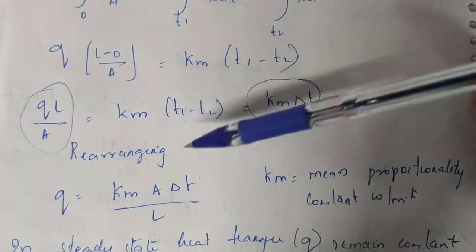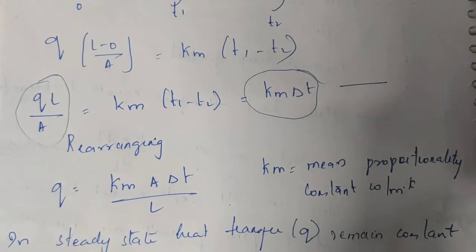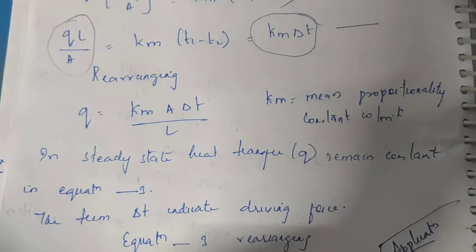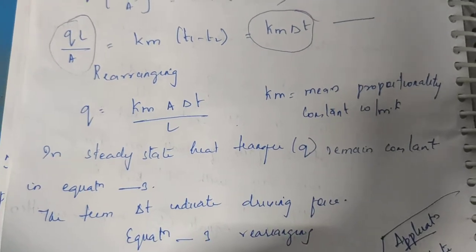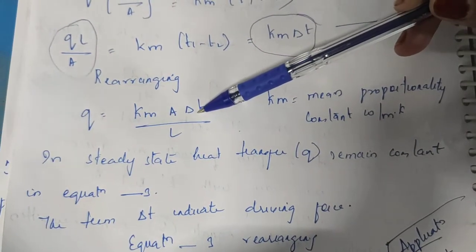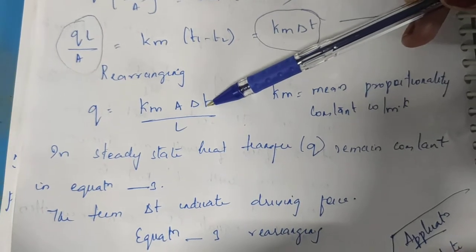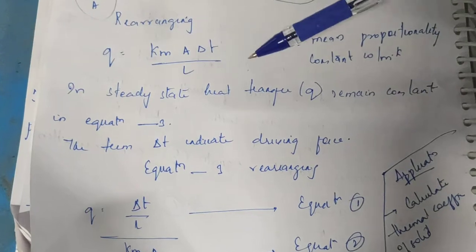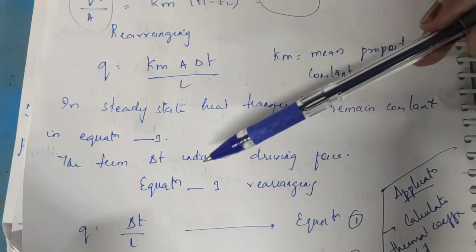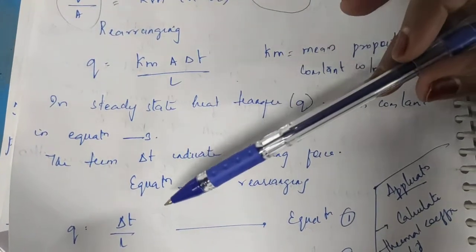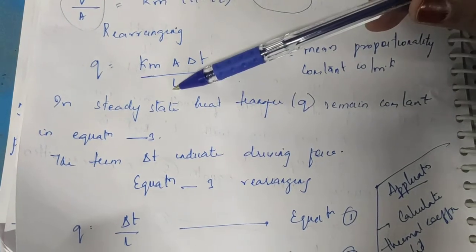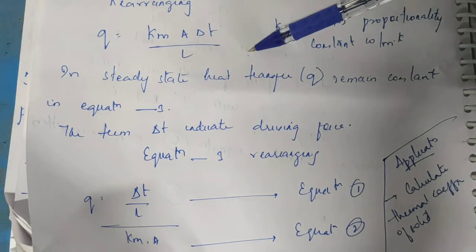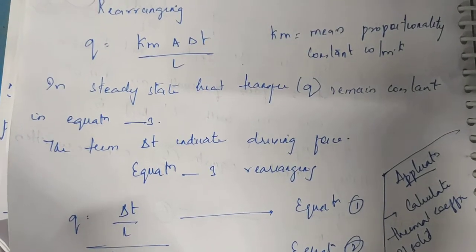Here km is a mean proportionality constant, and in steady state heat transfer remains constant, that is, Q remains constant, and the term delta T represents the driving force or temperature difference. So again, by rearranging this, we get Q is equal to delta T by L divided by km into A. That is, two equations are proved.